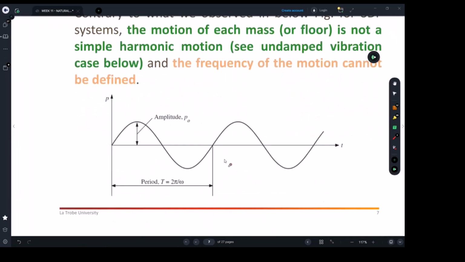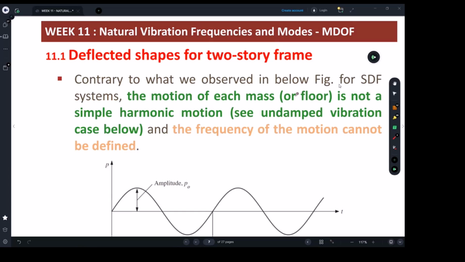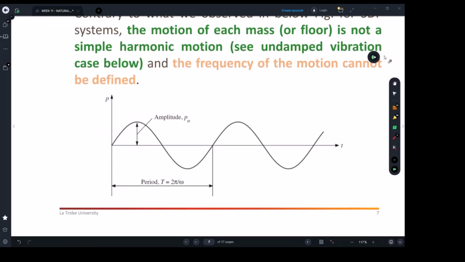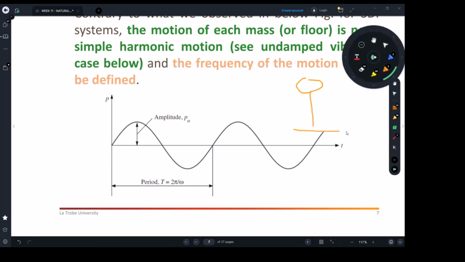You remember with the single degree of freedom system, when we studied single degree of freedom systems several weeks ago, if we had a system like this, and you pre-displaced it like that, then released your hand, as we said, there is no damping, so it's freely vibrating.